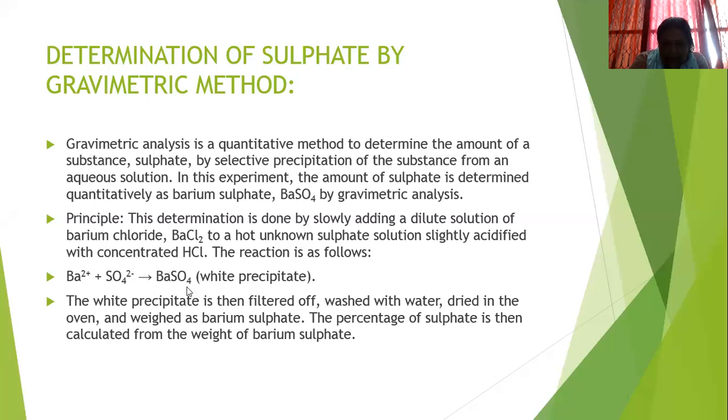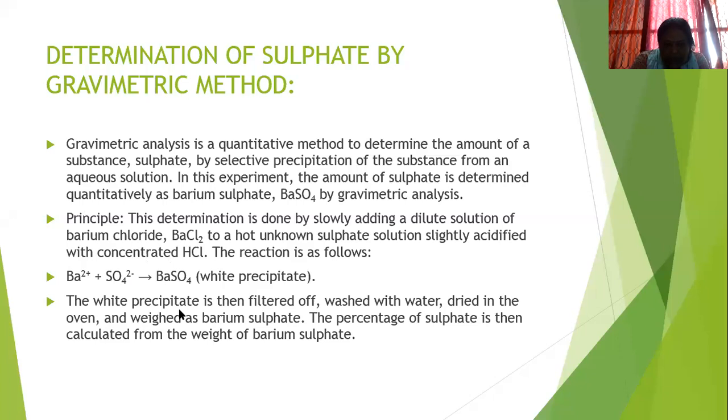The color of the precipitate is white. Barium sulfate is a sulfate compound which is not soluble in water. As I told you, all the sulfate salts are not soluble in water. One example is barium sulfate, and its molecular weight is also high.